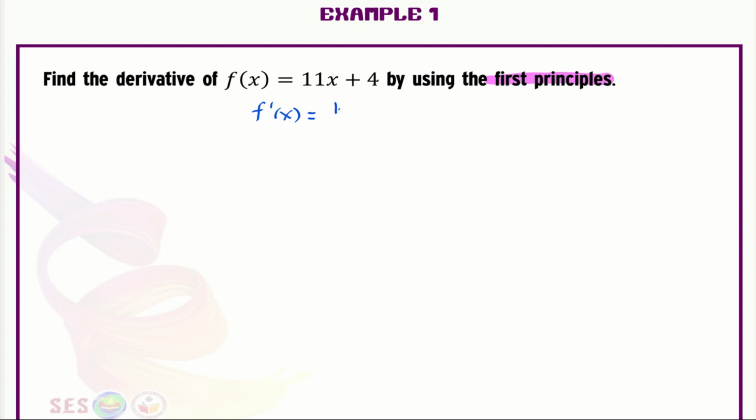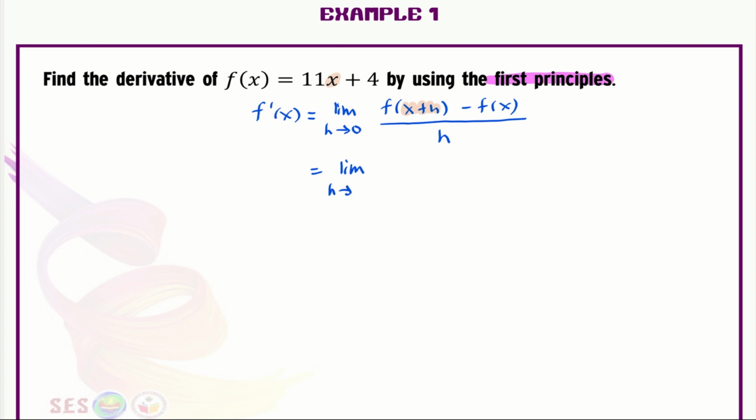So the formula: the limit of f(x plus h) minus f(x) over h as h approaches 0. For f(x plus h), we replace the x with x plus h, and then minus f(x), where f(x) is the original question, and h is just h. So I'm going to write the limit first.